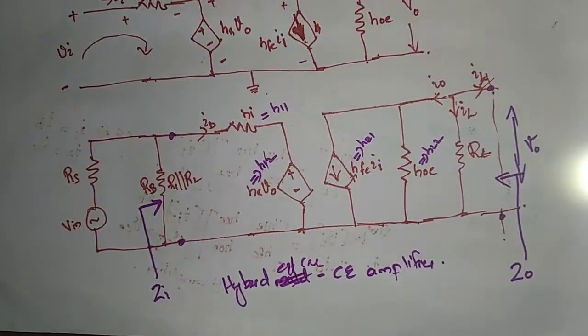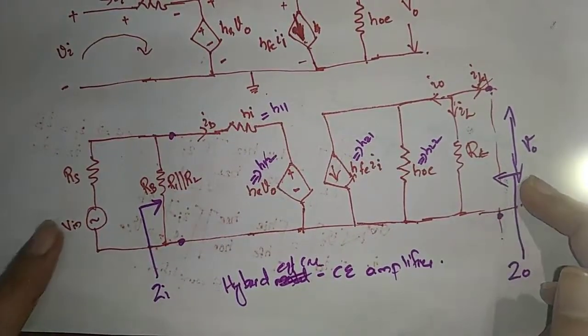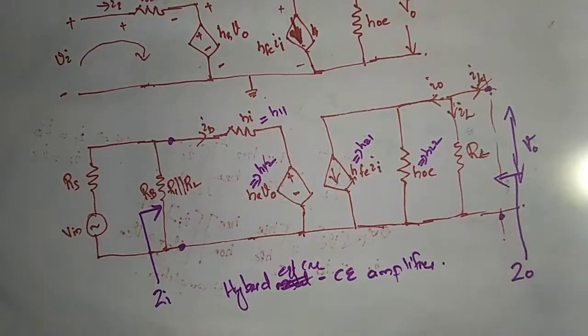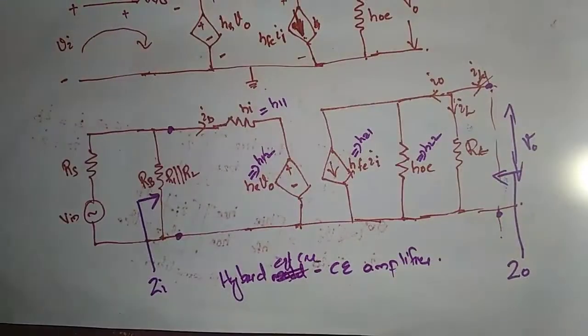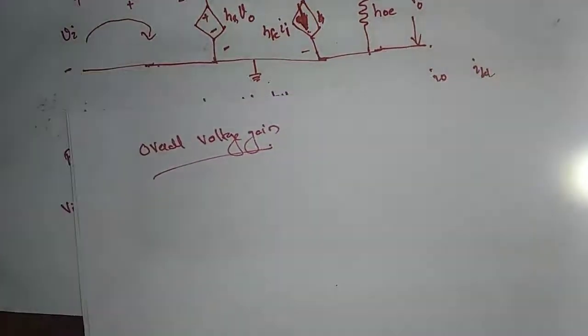Overall voltage gain means the voltage gain of the entire circuit, that is output voltage V0 divided by the input voltage Vin.